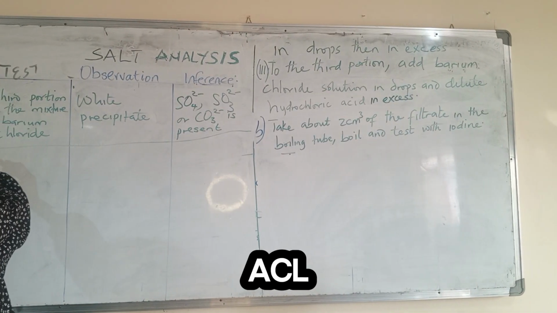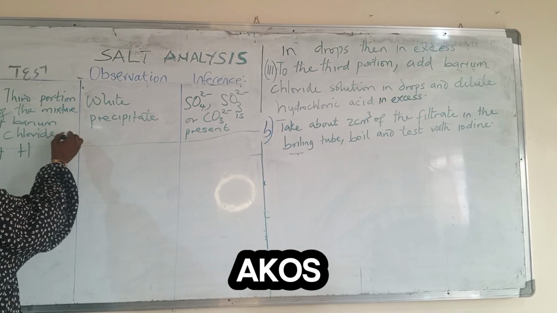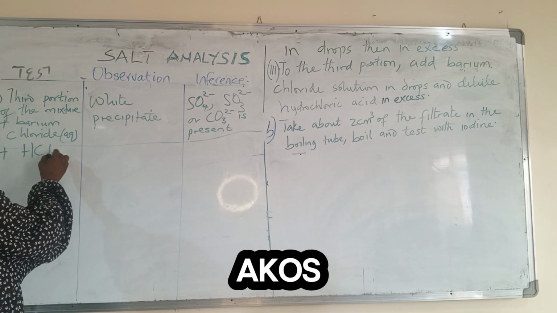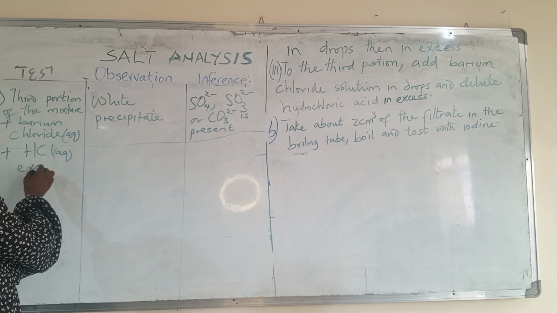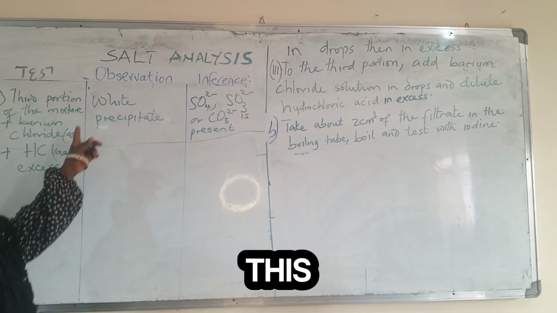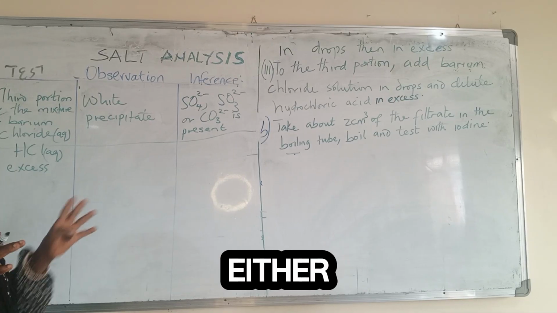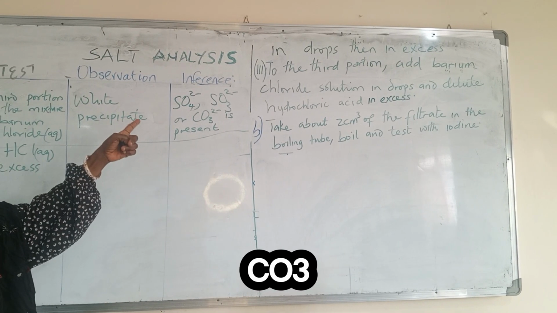Now add HCl. Don't forget it's always an aqueous solution; everything is solution. You add aqueous HCl, and this one can be in excess. If the precipitate dissolves, it means either SO3 2- or CO3 2- is present.